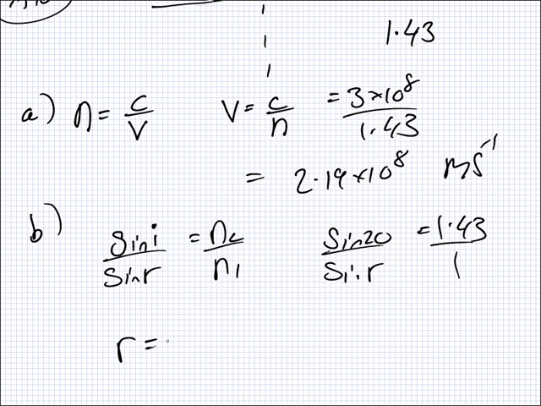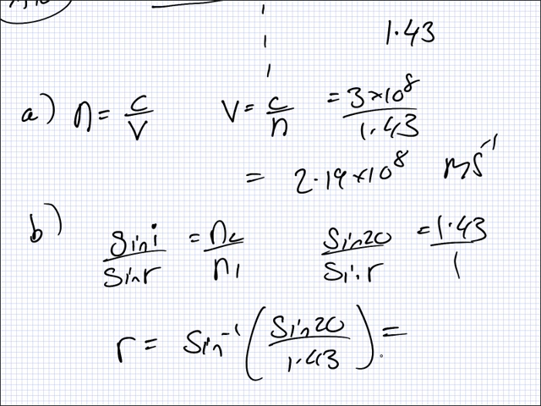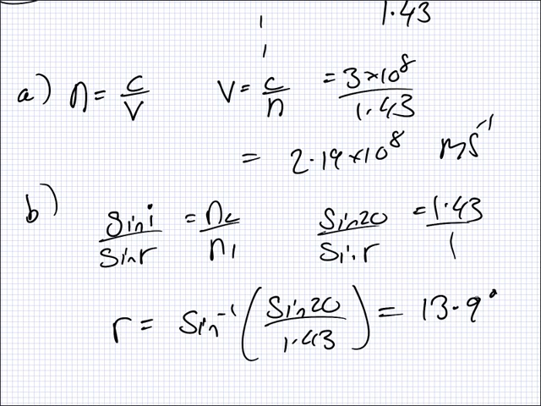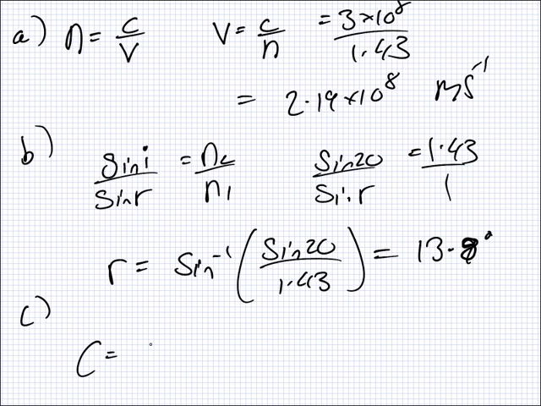So that means r would be sine inverse of sine 20 over 1.43. 13.8. Is there C? Yeah. Determine the critical angle for a ray of light traveling inside the block as it reaches the air around it. There you go. So whatever that works out to be.